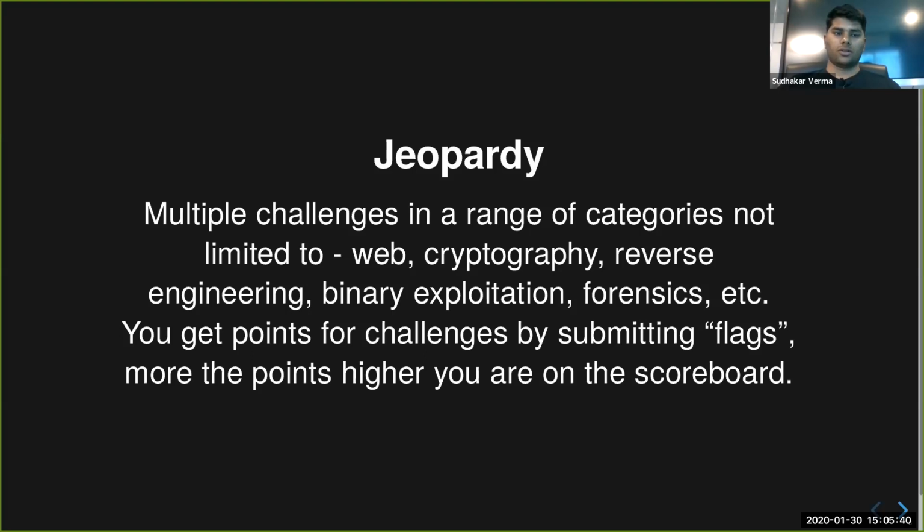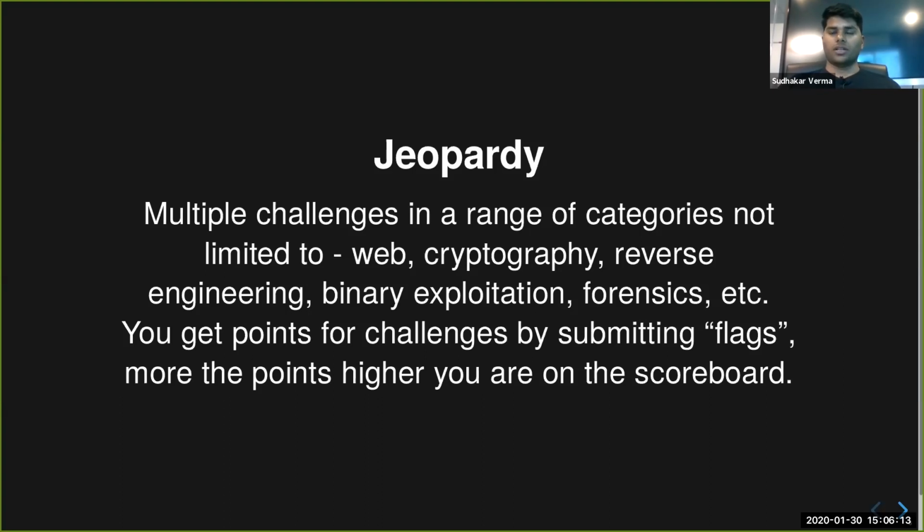For example, in a web exploitation challenge, the CTF might have hosted a website that you're allowed to attack. Once you attack that website, you compromise it somehow, based on how the authors designed it. Once you have compromised it, you locate the flag. Where is it located? Maybe on the disk, if you can read files from the disk through the vulnerability that you exploited, or maybe it was present in the database if you exploited an SQL injection vulnerability.